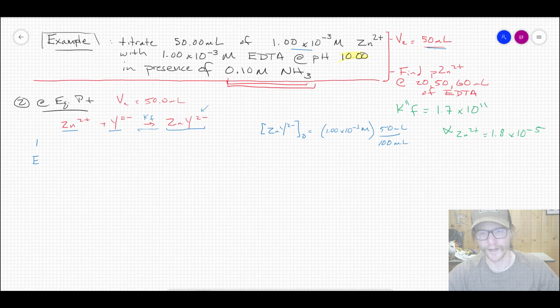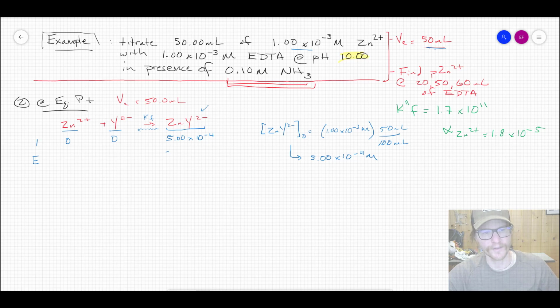That will give us a nominal formal concentration of 5.00 times 10 to the minus 4 molar. And that's what we're going to start with. Here is 5.00 times 10 to the minus 4, and some amount of that's going to trickle backward, starting with 0 of each of these.